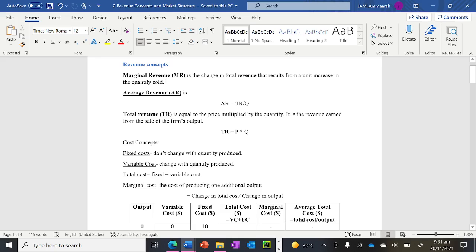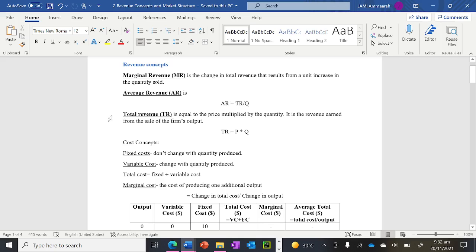Okay. All right. Average revenue, I don't have a definition here, but it is basically the revenue you would earn from producing each unit of output. And the formula for average revenue is total revenue over the quantity, or output.